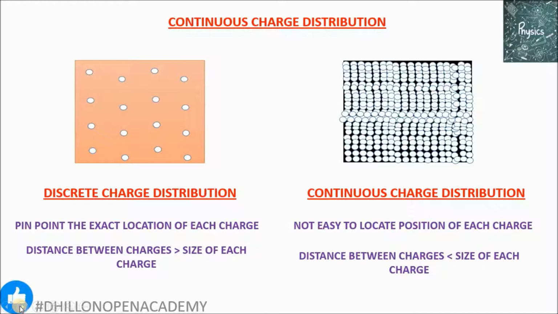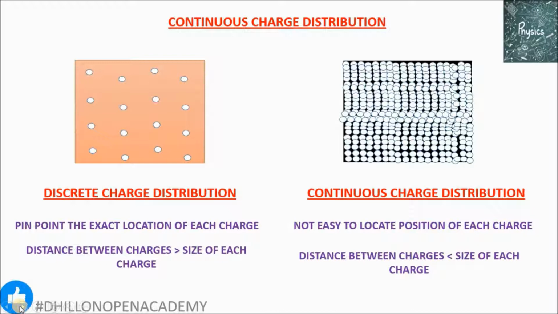So when we are not able to find any gap between two charges where no charge is present, this type of charge distribution appears continuous to us, and we call it continuous charge distribution.